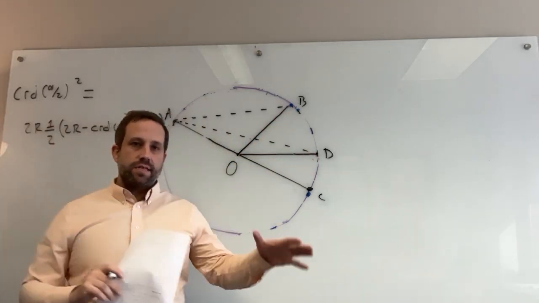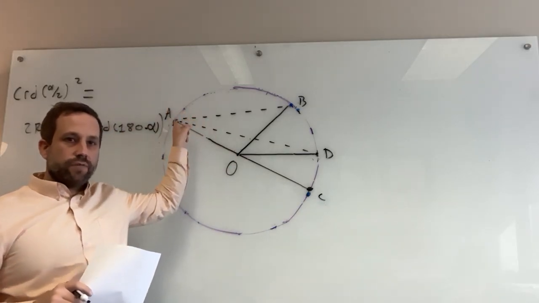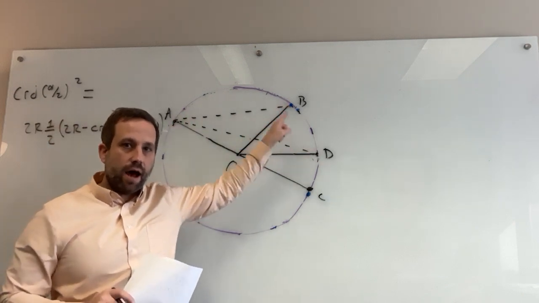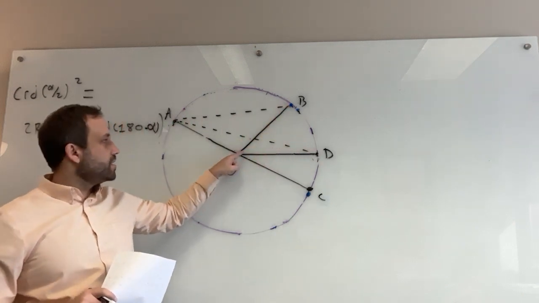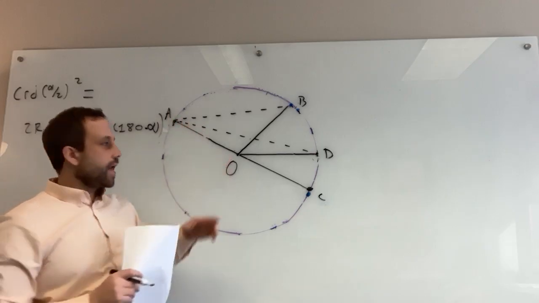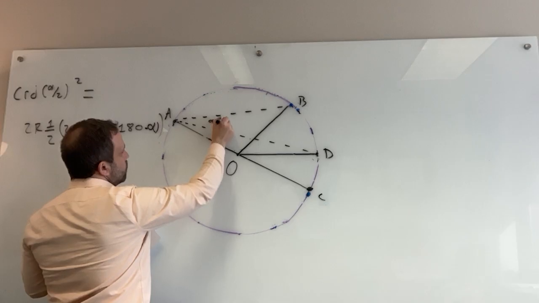Now, there's a theorem that says if you have a point on the circumference of a circle that traces out the same arc length as an angle at the center, then the angle at the circumference is half of the angle at the center. So this angle is alpha over 2, which means that this angle is alpha over 4.